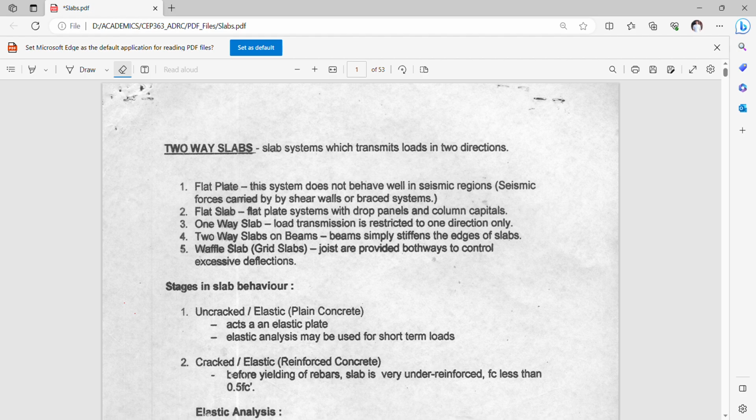There are basically five different slab systems. The first one is the flat plate system.